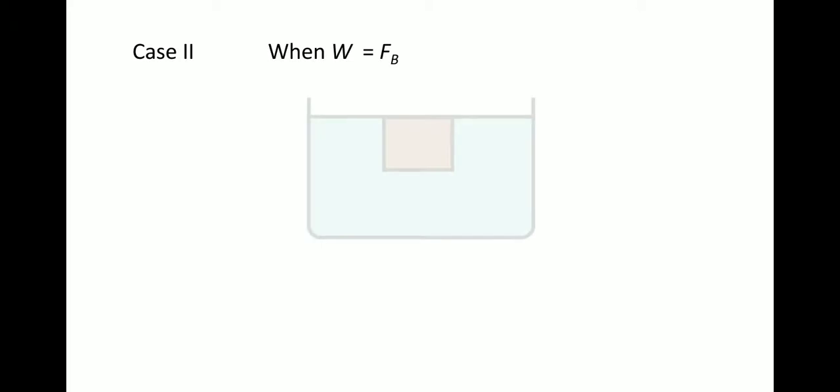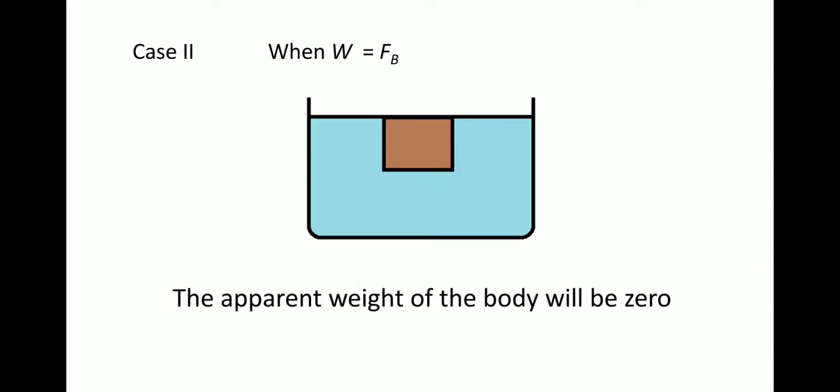Next, case 2, when the weight of the body becomes equal to the upthrust. In this case, the body will be completely immersed in the liquid, but it will not sink, it will float.